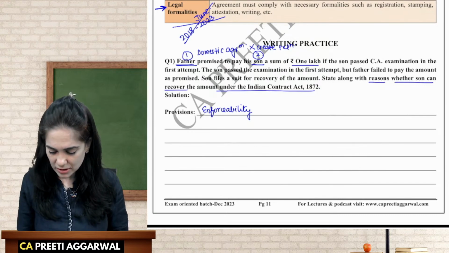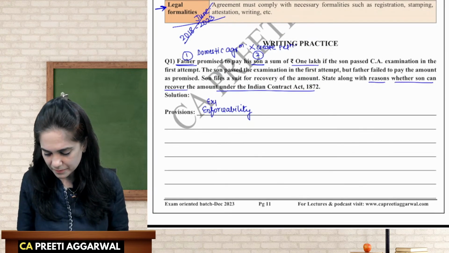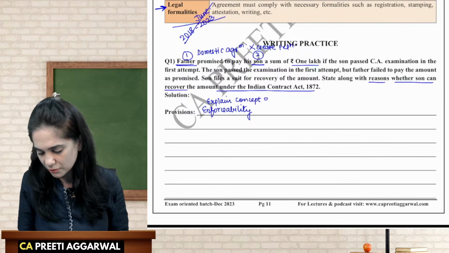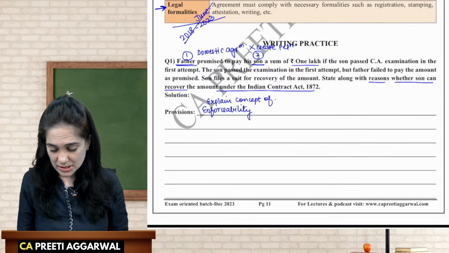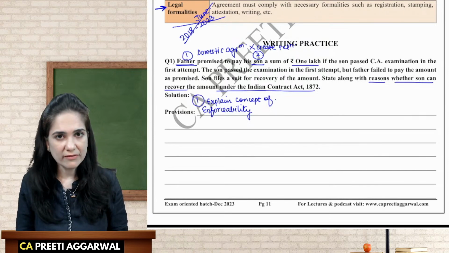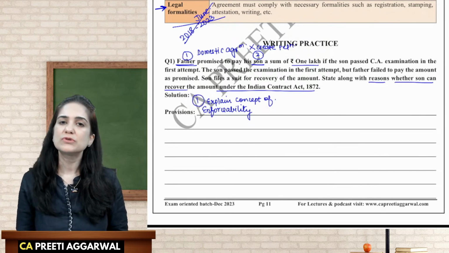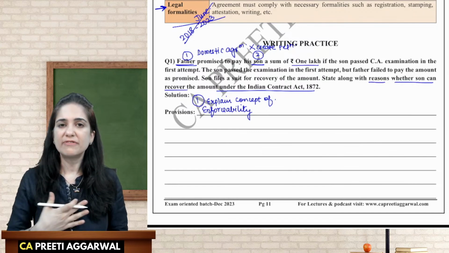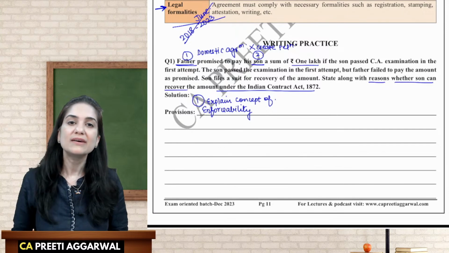So see over here, you will explain the concept of enforceability. So this is the first point that I will write. What is enforceability? Enforceability means intention to sue, intention to file a case. If one party defaults, other party can take action.